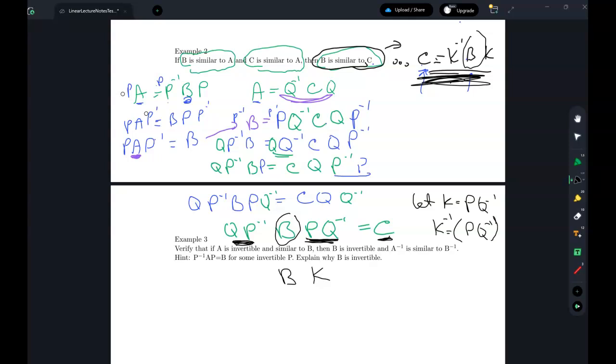Whoops, take the inverse of both sides. I forgot to put the inverse on the outside. Okay, so K inverse would be this inverse. Don't you switch the order when you're taking the inverse? So I'd get Q P inverse. Oh my goodness, there it is. So I've just shown that B is similar to C.